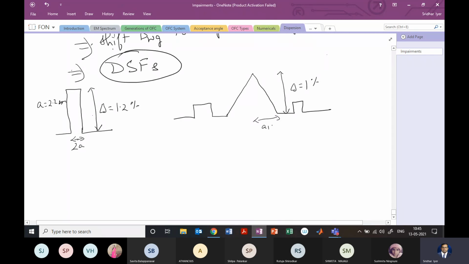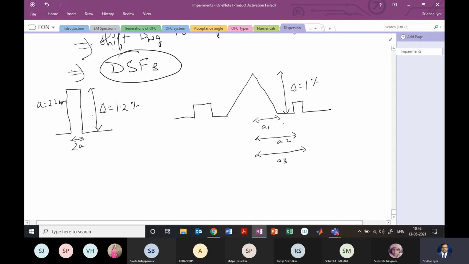So you have A1, then you have A2, and then finally you have A3. Okay, and these have their own different values, right?